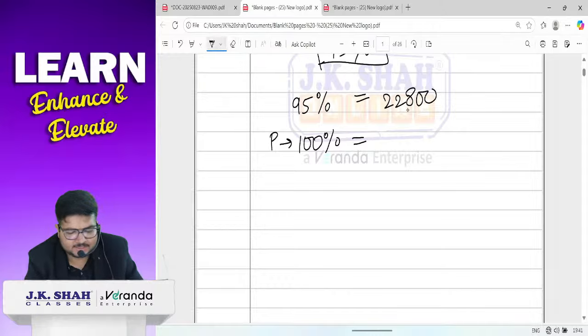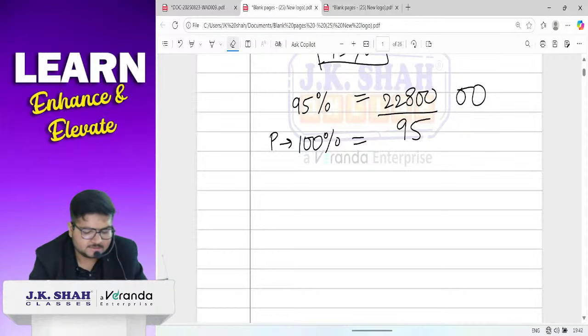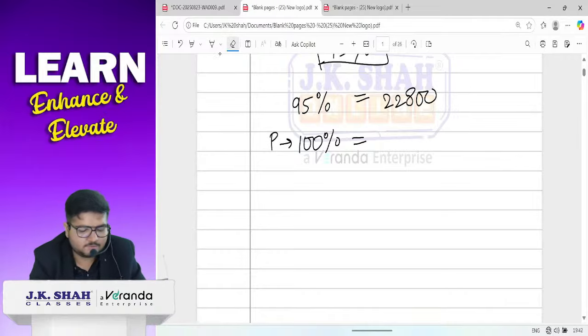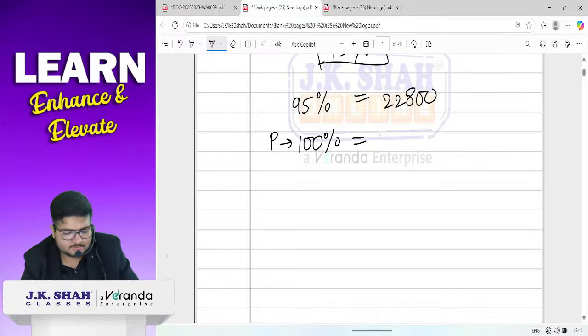Yes, you can use it. 22,800 is 95%, so we will divide this by 95 and put 2 zeros. But it is very difficult to divide this by 95. So we are not going to use the trick here. The trick is for those sums which are easy to calculate. Here the sum is very difficult if we divide it by 95.